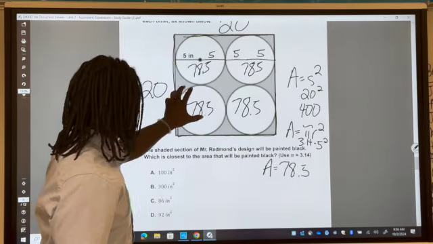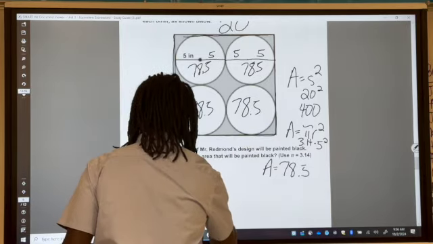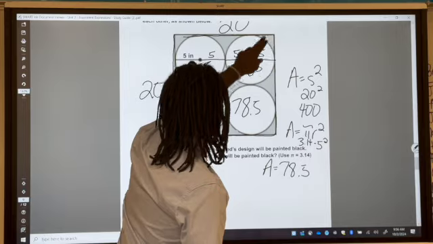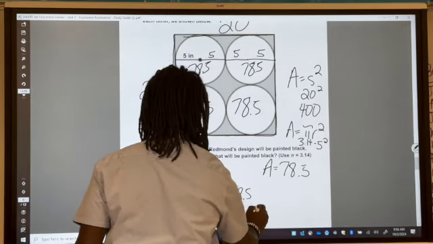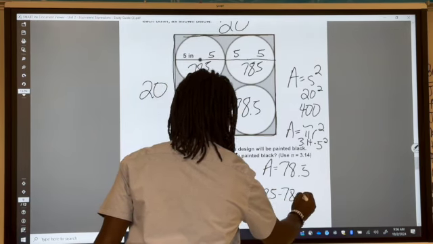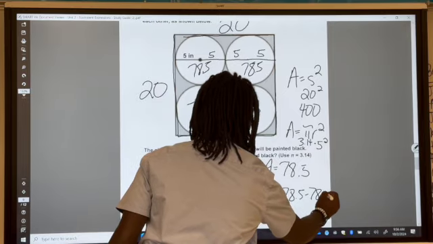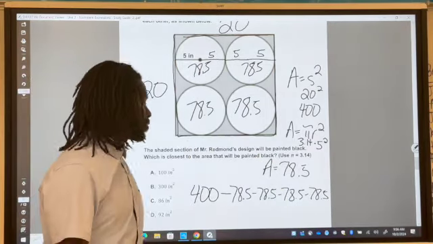And so what I have to do is I have to subtract it from what I got as the area of the whole square and subtract each of the circles. So 78.5 minus 78.5 minus 78.5. Again, I'm subtracting each of the circles. I'm taking it out, okay?